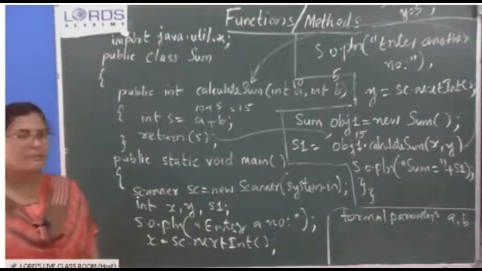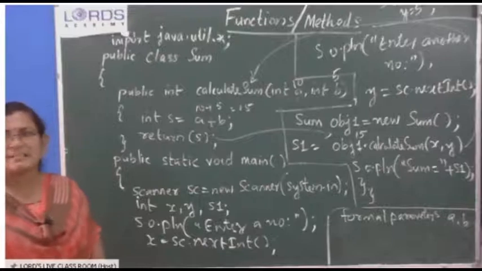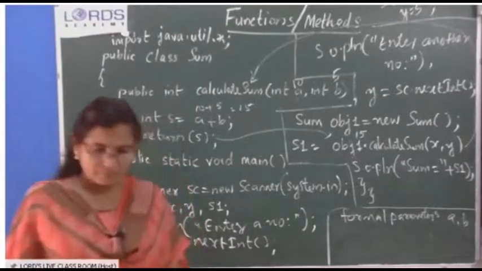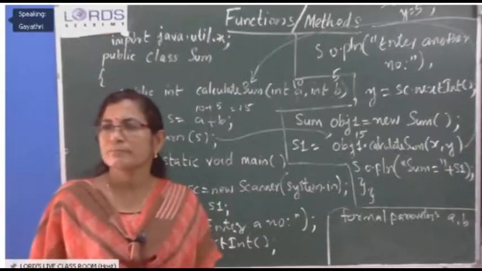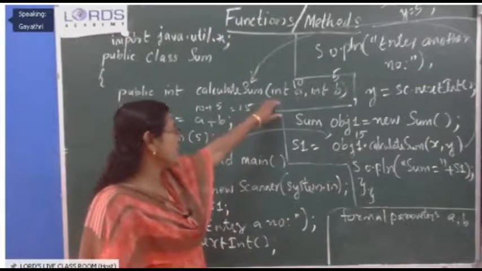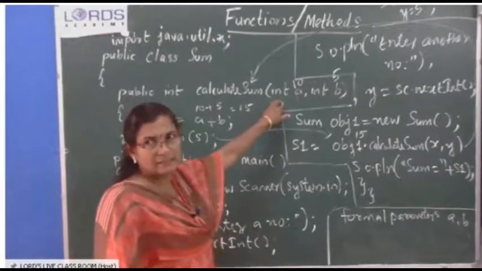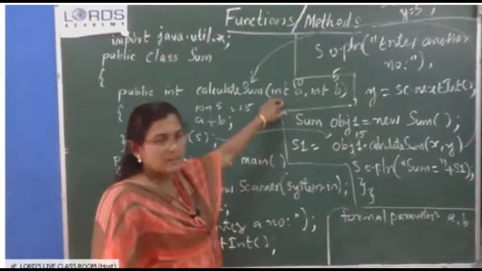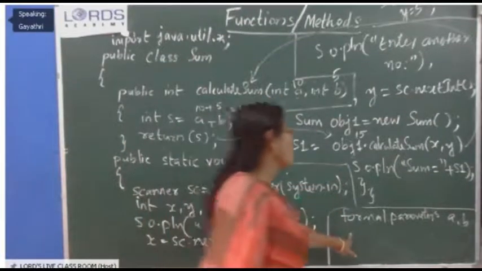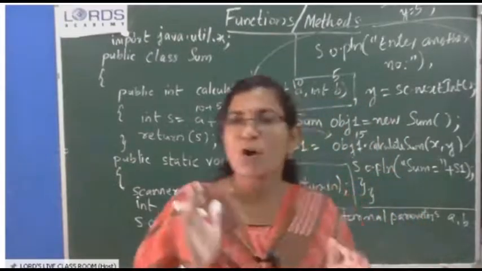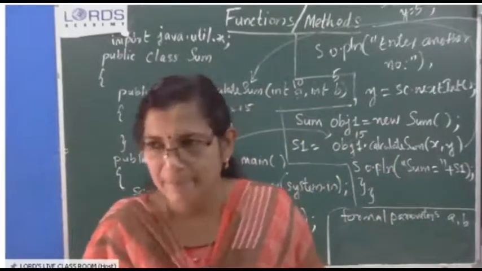When you called the function calculateSum, which are the variables used? A and B are the variables in the function prototype. Am I right? A and B are known as formal parameters. Variables declared at the function prototype are known as formal parameters.